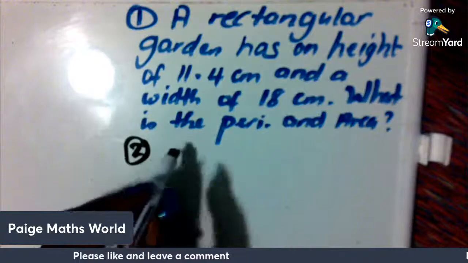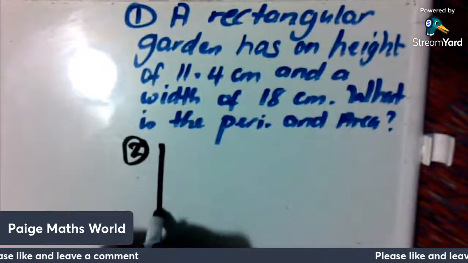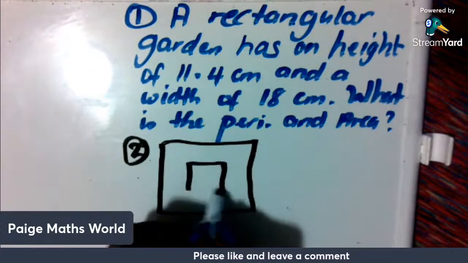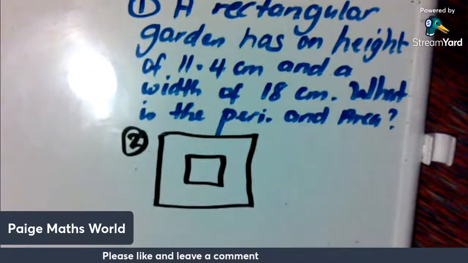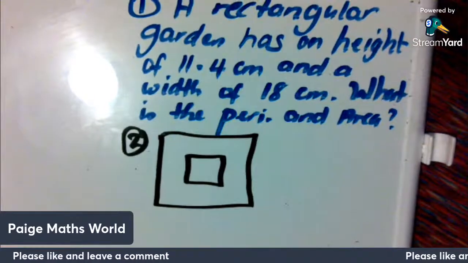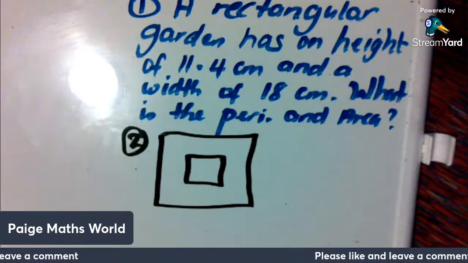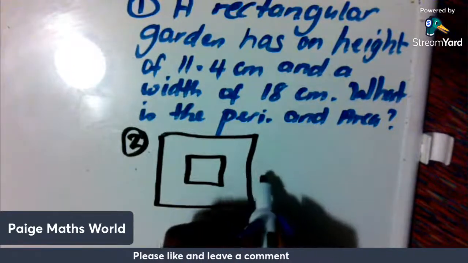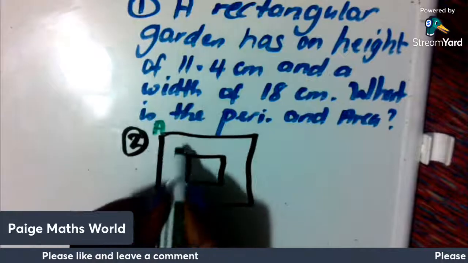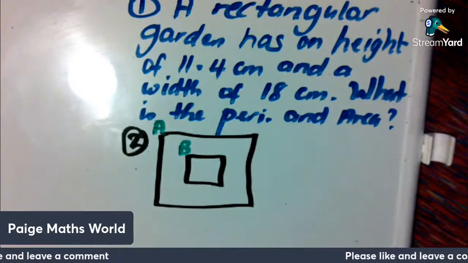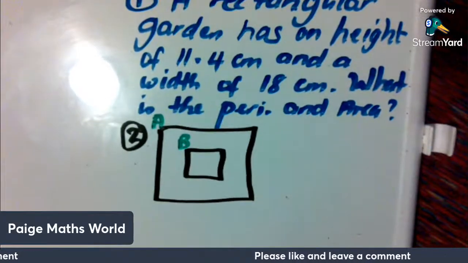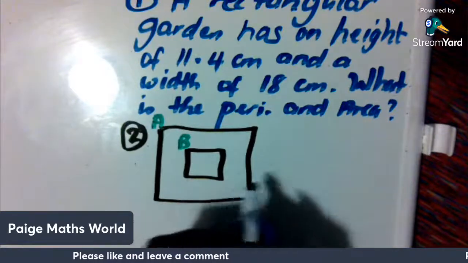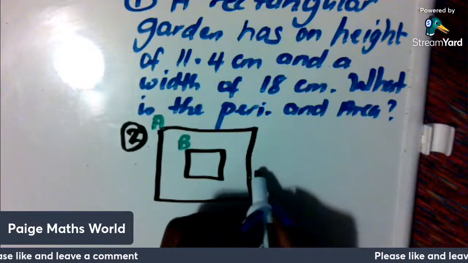All right, so let us see this one. This is a good one. All right, so we have a garden, right? So the outer side, we have the big one, which is A, and the small one, which is B. Everybody seen that?